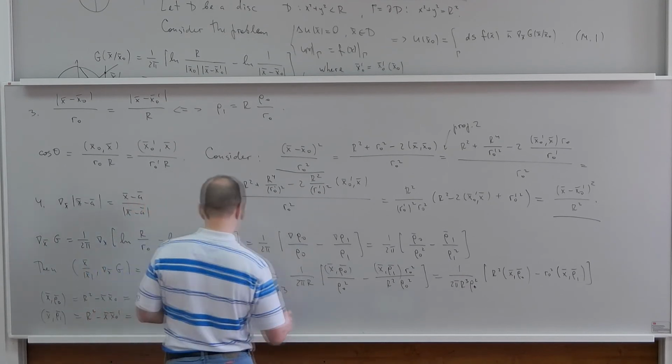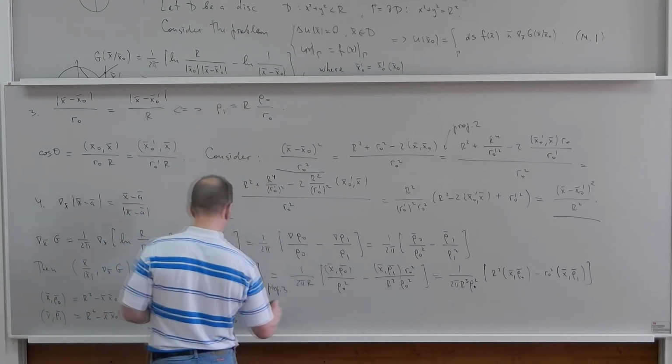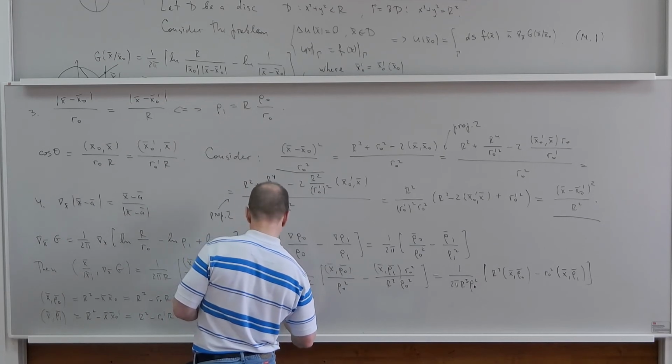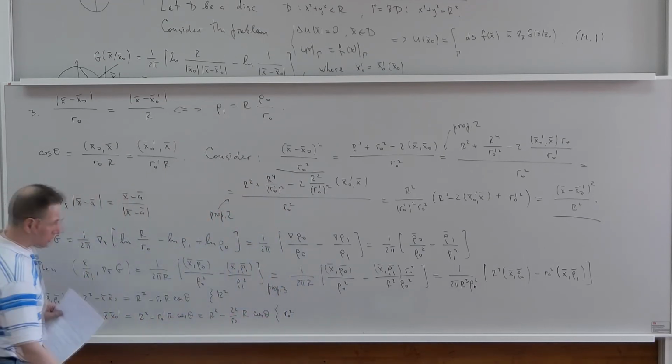Then multiply these two expressions by r squared and r0 squared.